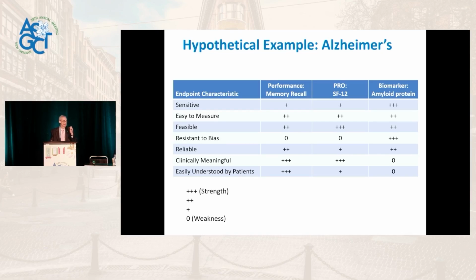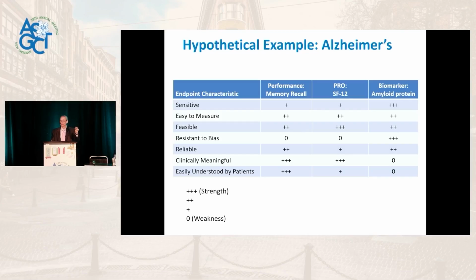And it's clinically meaningful. But it can be subject to bias. SF-12, again, 3 pluses for clinically meaningful, but again, subject to bias. In contrast, the biomarker, amyloid protein, very sensitive. That's the strength here.